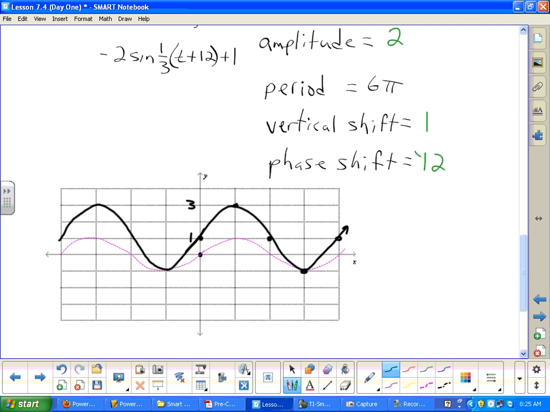This x value here would be 6 pi before we do the horizontal shift, wouldn't it? Because I stretched it out. This spot here would be 3 pi, and here we're at 0. So if I had a phase shift of negative 12, that means this would really be at negative 12, wouldn't it?